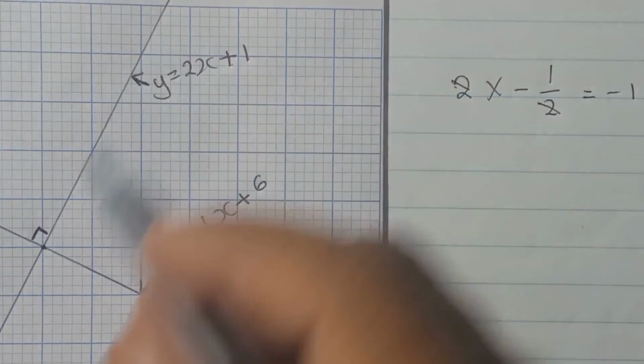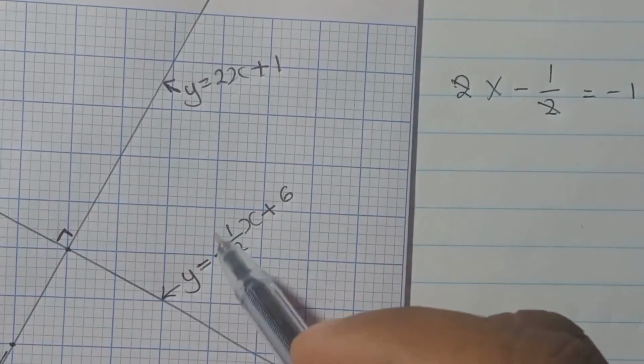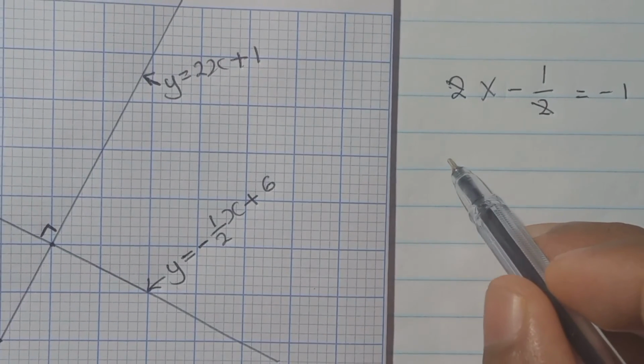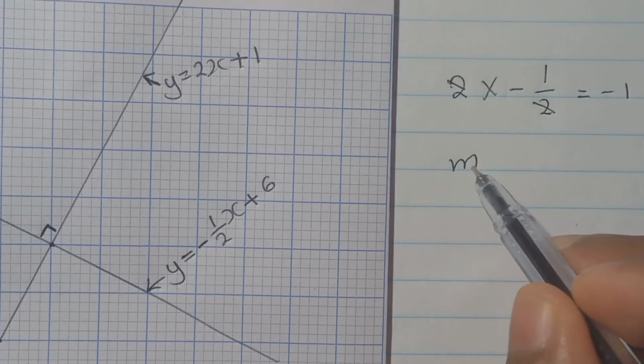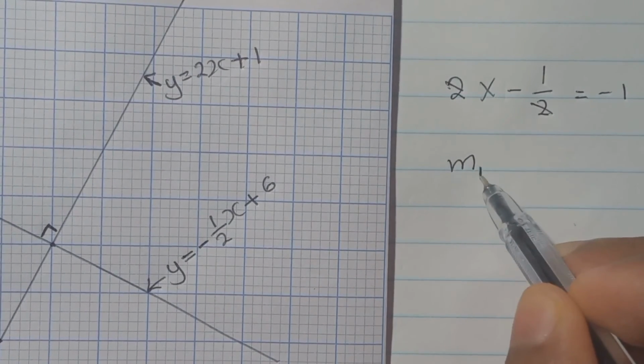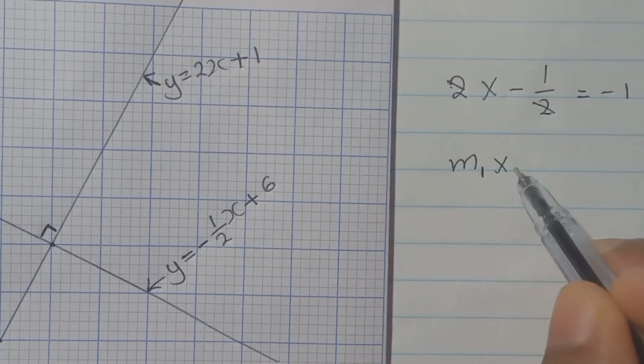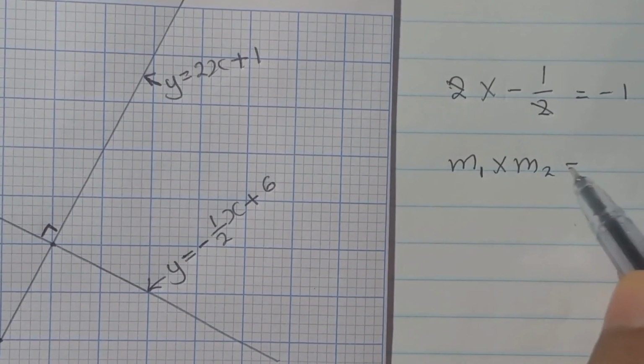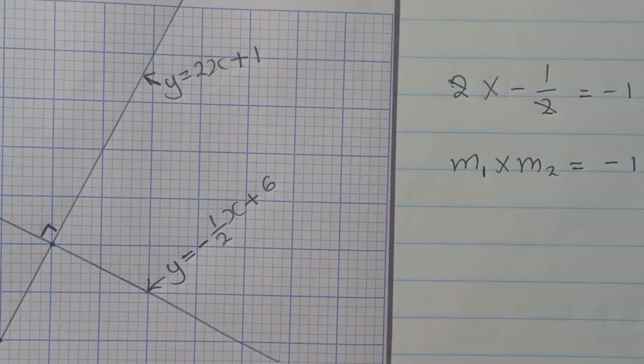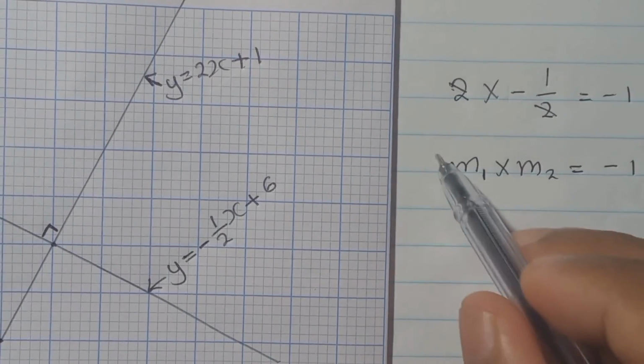Remember, when you have two lines perpendicular to each other, if you multiply the gradients, normally we write it like this: gradient 1, that means m1, times gradient 2, it will be equal to minus 1. Remember this connection, it's very important.